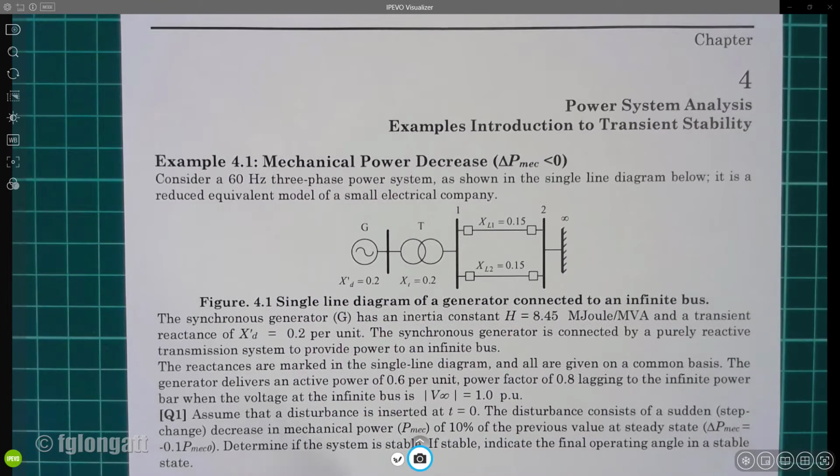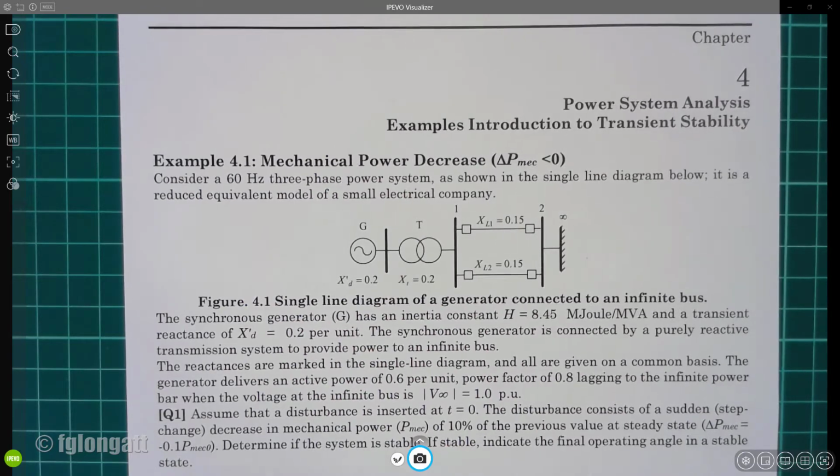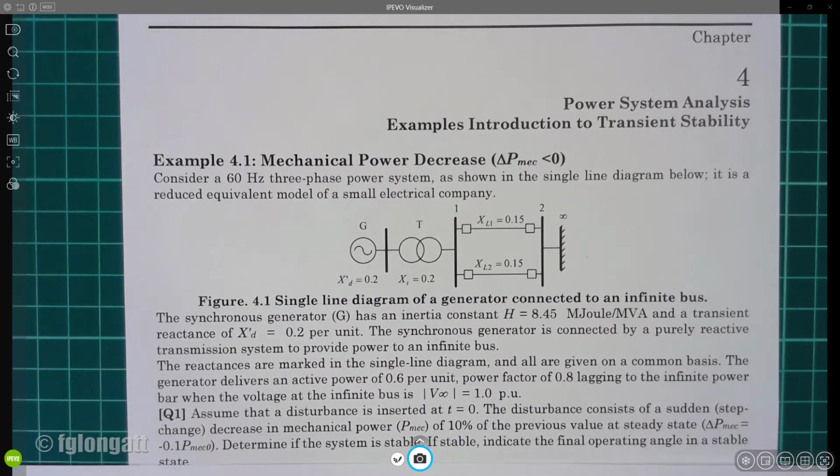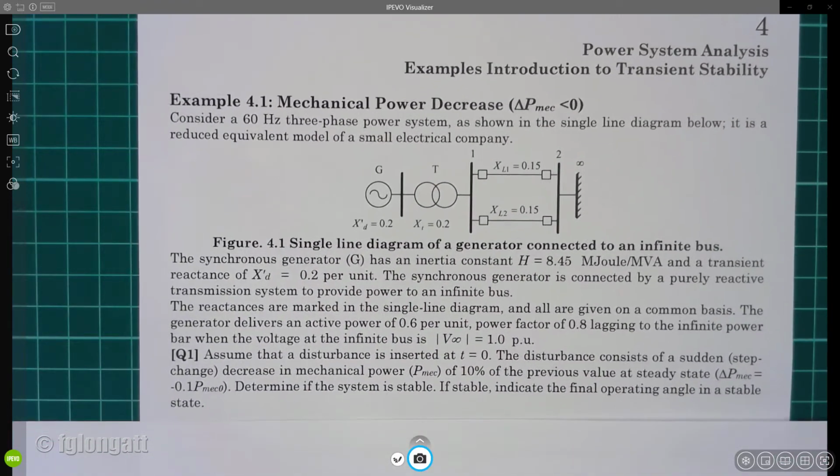Now there is a question. Assume that a disturbance is inserted at t equals 0 seconds. At t equals 0, something happened, and this disturbance is a sudden decrease in the mechanical power. As you can read there, it is a sudden decrease of the mechanical power of 10%, coming from the previous steady state value.